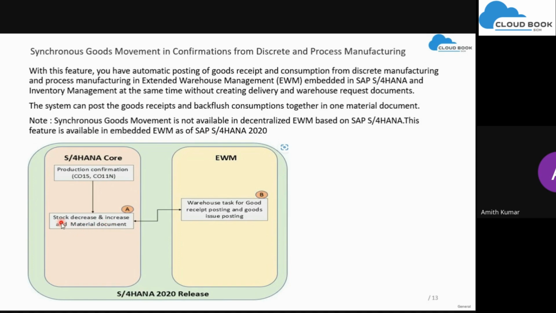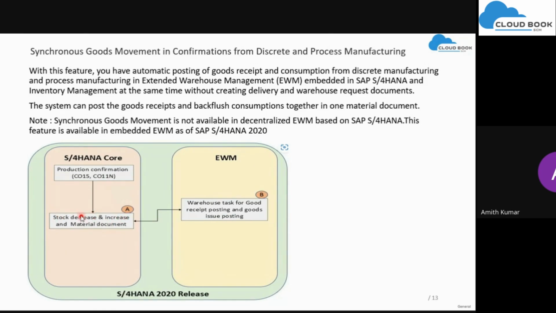So my components, the raw materials which were available in the PSA, are automatically decreased, right? Let's say it's a backflush material, so it's decreased automatically, and my finished good is also increased automatically. There are no delivery documents created at all here, you can see.